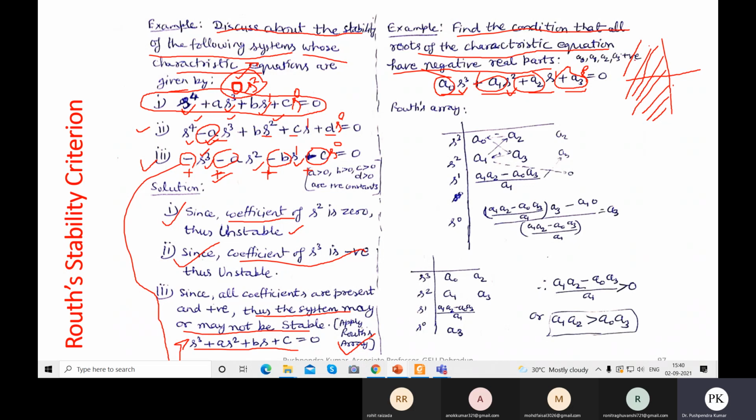Now we don't know whether the system is stable or not, so we develop a Routh array, which can tell how many roots are on the left-hand side of the imaginary axis and how many are on the right-hand side. So we apply the Routh criterion as we discussed in the previous slide.